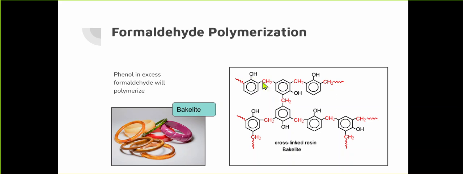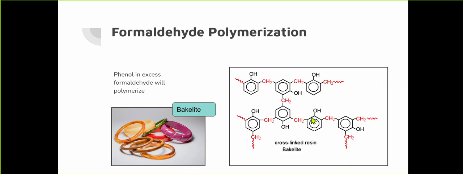It will react with formaldehyde. Formaldehyde is going to be just one carbon, a one carbon aldehyde. So this will form very long chains. You can see this continues here and continues here. It can even have cross-chain linkages with the formaldehyde and make even bigger chains.